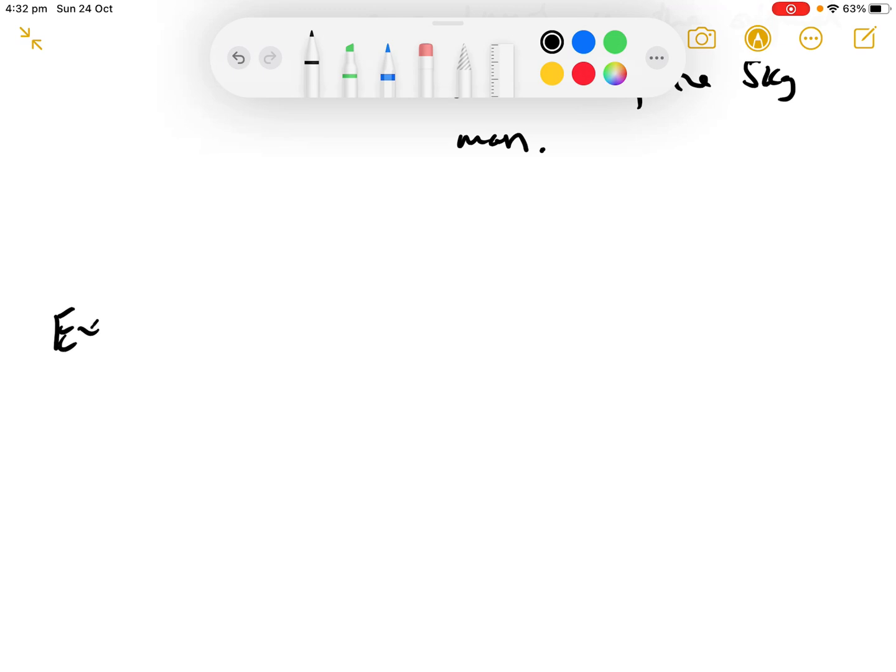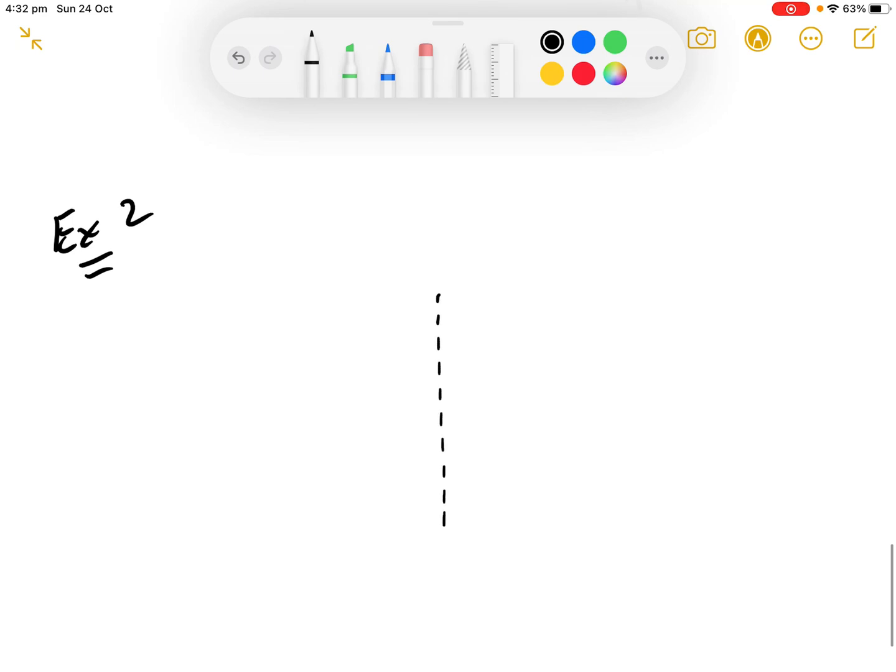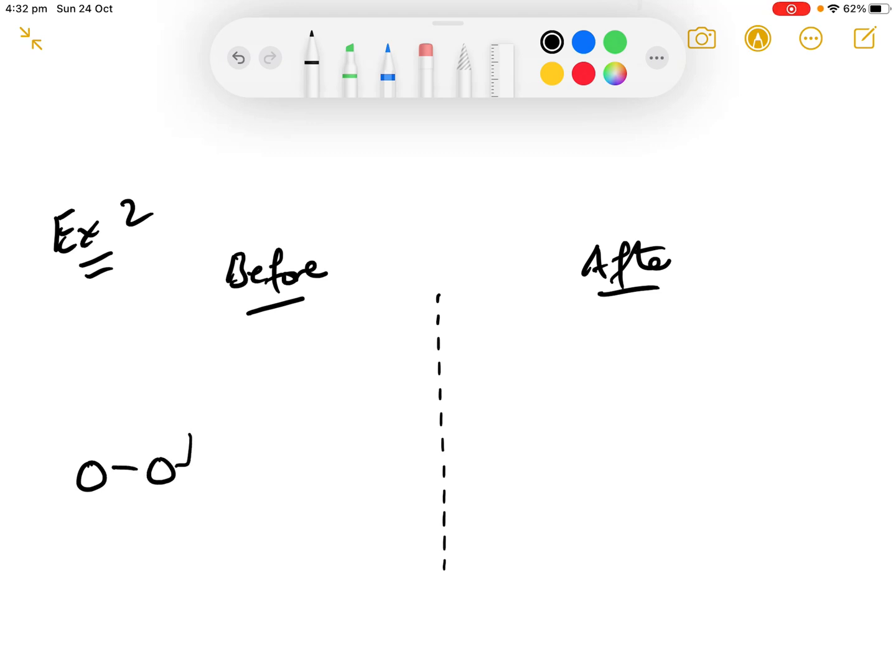Let's do a second example where the bodies do join. So let's make this our before and this our after. So this could be, for example, 2 cars.